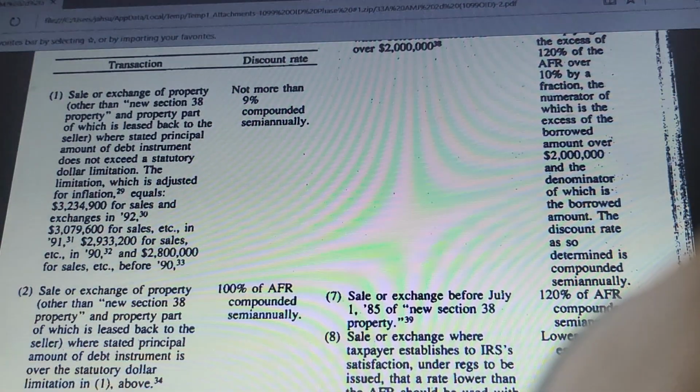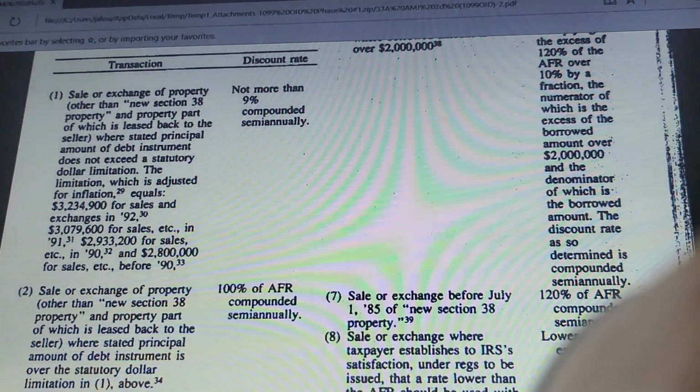$3,234,900 for sales and exchanges in 1992, $3,079,600 for sales, etc. in '91, $2,933,200 for sales, etc. in '90, and $2,800,000 for sales, etc. before '90.